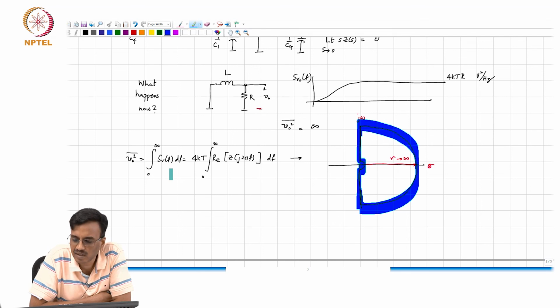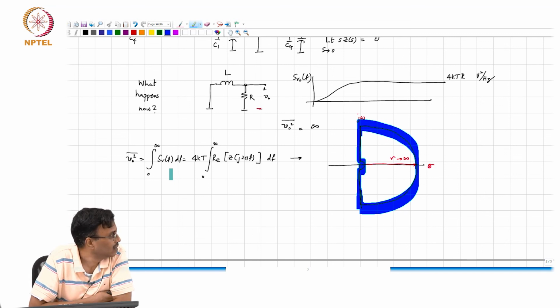Contour integration is of course a very valid way of finding the proof, but at least to me it seems a lot more intuitive to look at the energy going into the network. It also turns out that the same energy based approach also works, as we will see later in this course, when we have periodically operated switches inside the network, where the network is no longer time invariant but becomes periodically time varying.